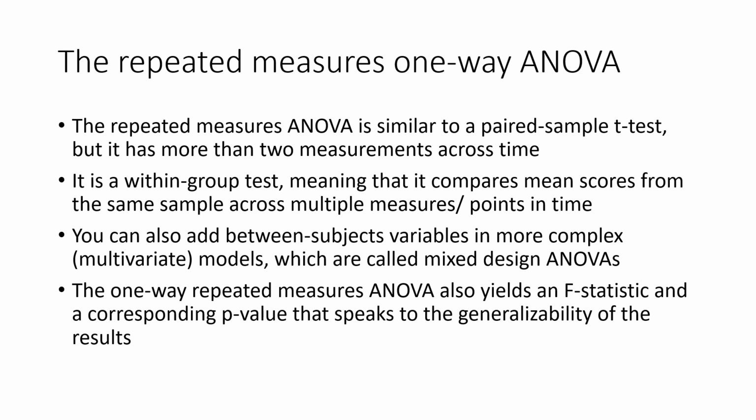And there are also ways, it gets quite complex, but there are ways you can add between subjects variables into more complex repeated measures ANOVAs, which are called mixed design ANOVAs. But just like with an independent samples t-test and just like with a one-way analysis of variance, the repeated measures ANOVA also gives you an F statistic, and it also gives you a p-value, and that p-value will speak to the generalizability of your results to the wider population.